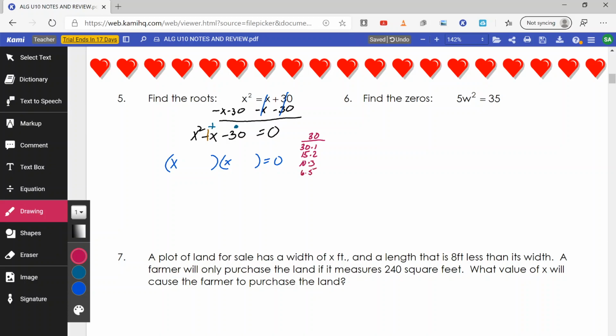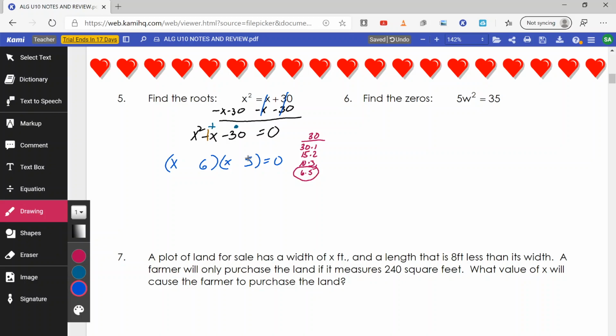So out of these four, we have to pick the one that will add to negative 1. So 30 and 1, no way. 31 versus 29 if I subtract. 15 plus 2 gives me 17. 15 minus 2 is 13. 10 plus 3 is 13. 10 minus 3 is 7. 6 plus 5 gives me 11, whereas 6 minus 5 gives me 1. So because my difference is 1, that's the one I want to use, 6 and 5.